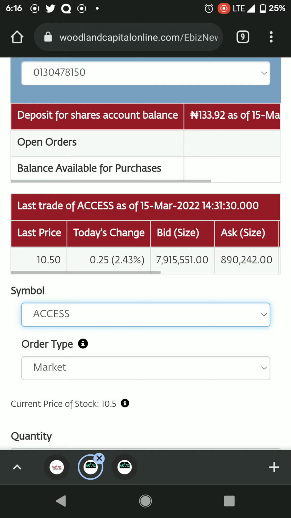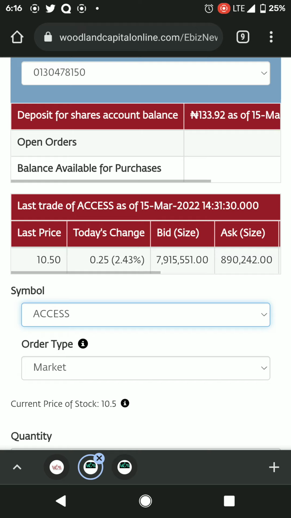So it's looking at the bid size here. It's showing you the volume of the bid. I think the bid is talking about the volume of orders that have gone in for the sell. Yes, that's a sell. Then for the ask, which is the buy, it's showing.